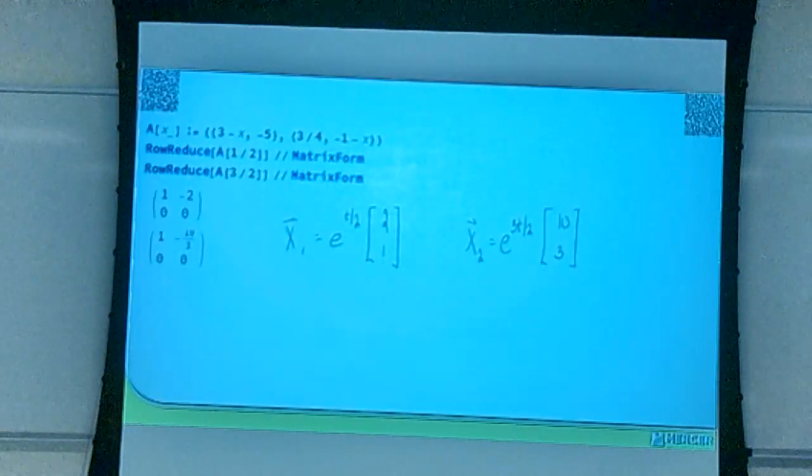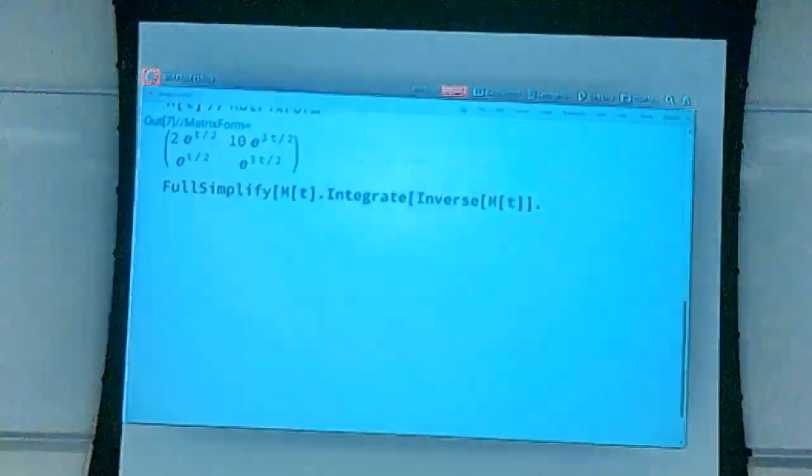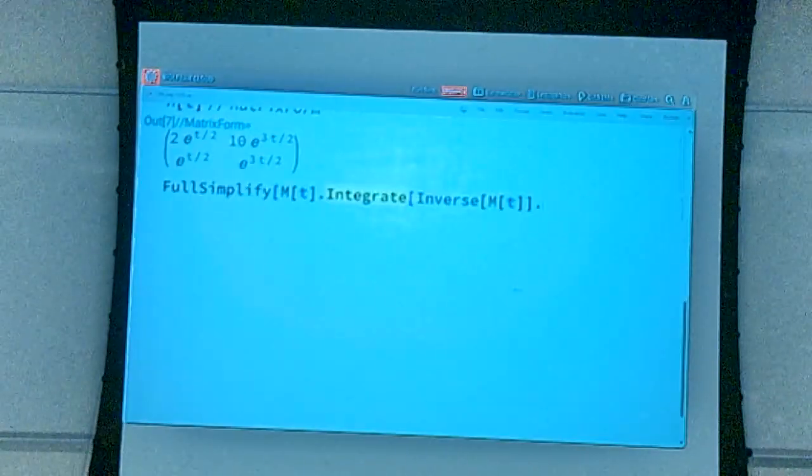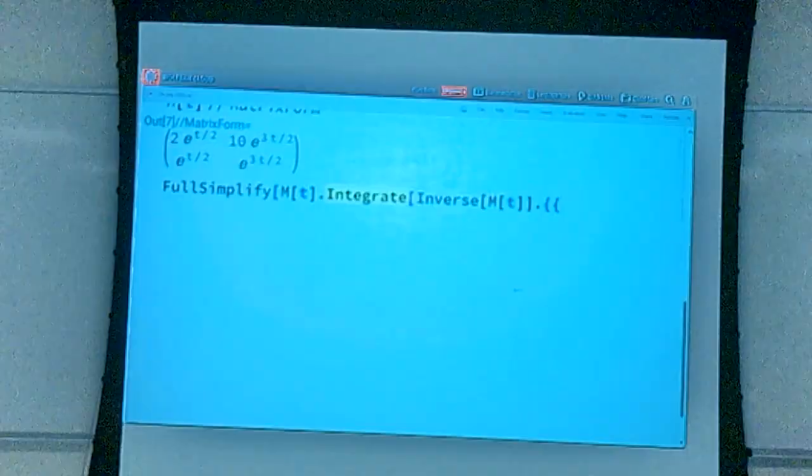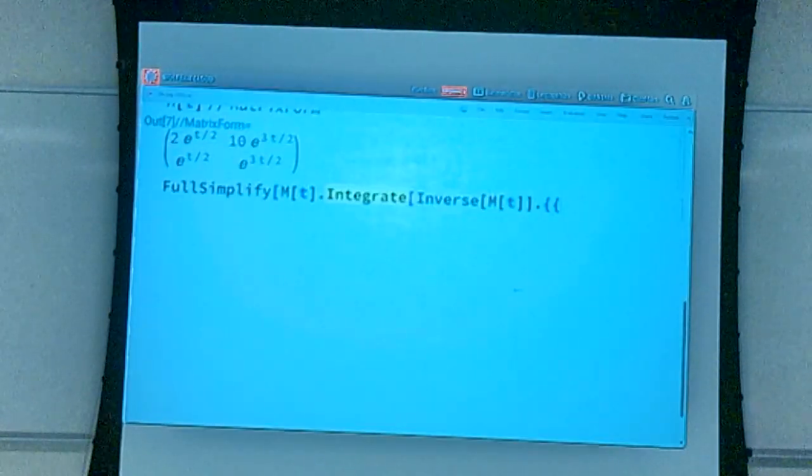All right, the fundamental matrix times the integral of the inverse of the fundamental matrix times your f of t, which was e to the t over 2, negative e to the t over 2.